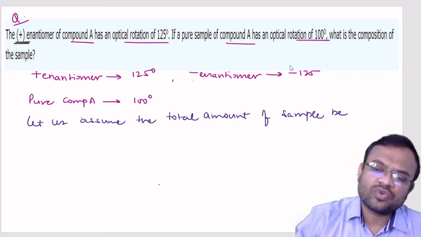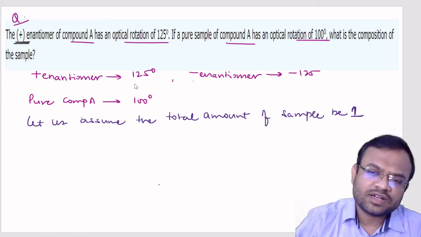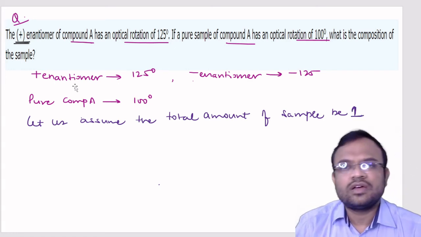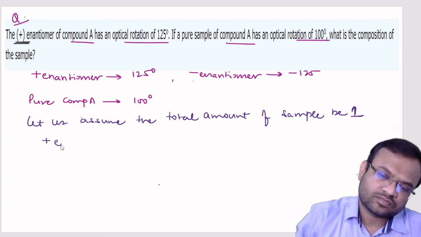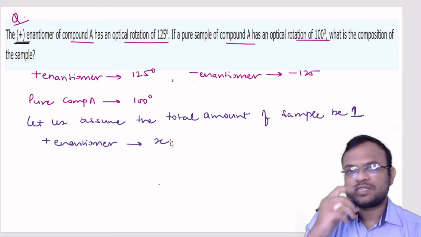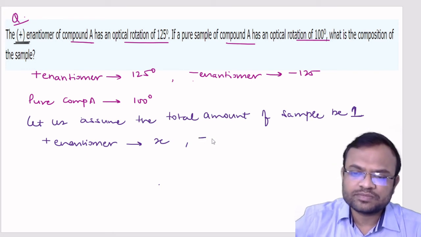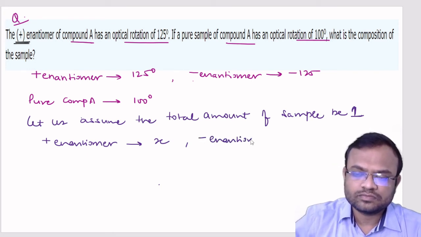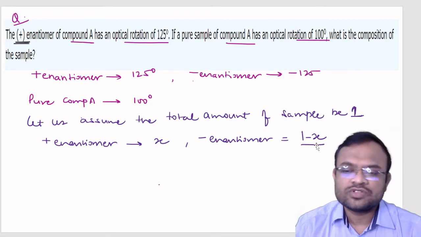Let us consider that the amount of the positive enantiomer is X. Now what would be the concentration of the negative enantiomer? It would be 1 minus X, because the positive was X and the total amount was 1.